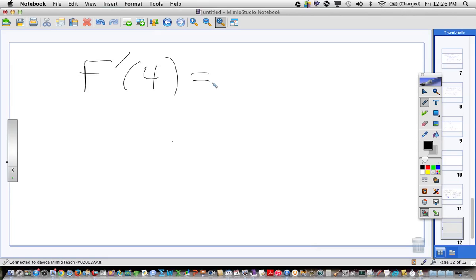The notation, if you understand it and will write it, will tell you what to do. Okay, so some of you are overthinking it. If it says find the slope of F at 4, you write that down, and then you look over here on the chalkboard and you say, oh, big F prime, that's the same as little f. So big F prime of 4 is the same as finding little f of 4.